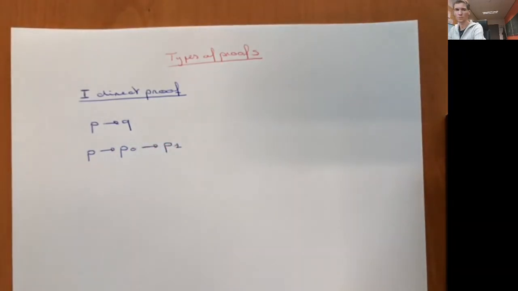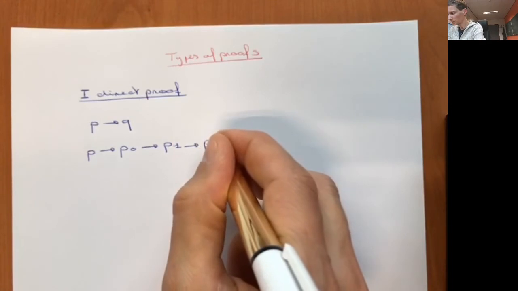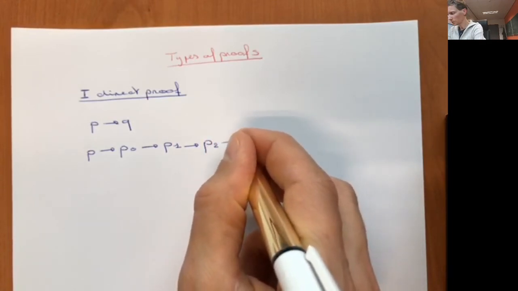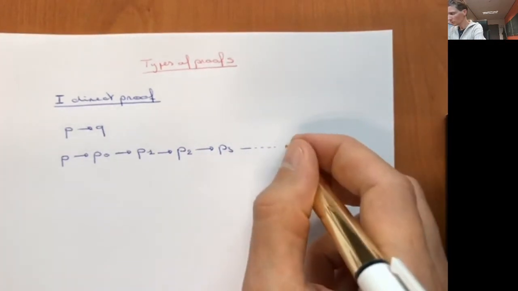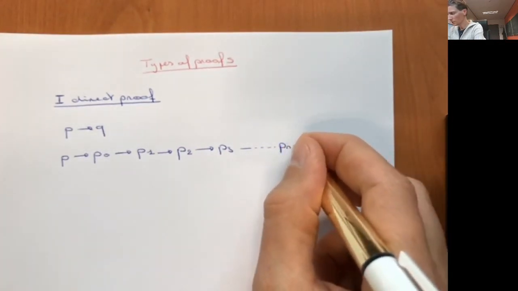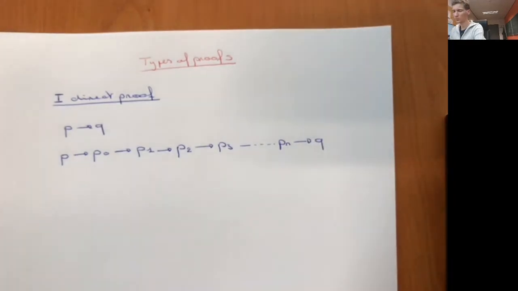Let's call it P1. And then in the next step, you show that P1 implies P2, and then you show that this implies P3, and so on. So in the end, you get a formula, let's say Pn, and then finally you show that Pn implies Q, right? So you have a long chain of implications, one following from the other.